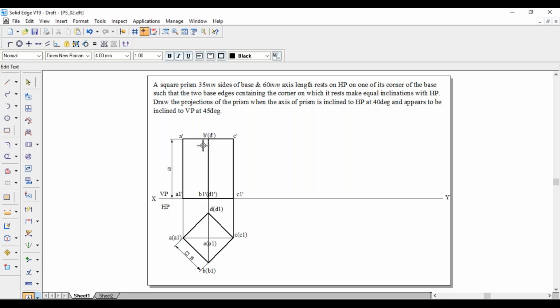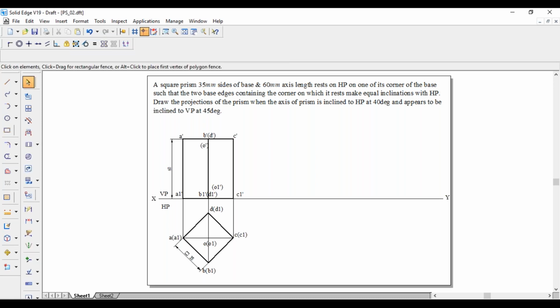Coming to the axis, both are invisible. So this one is O dash in the bracket, and this is O1 dash in the bracket. So this completes the first position.